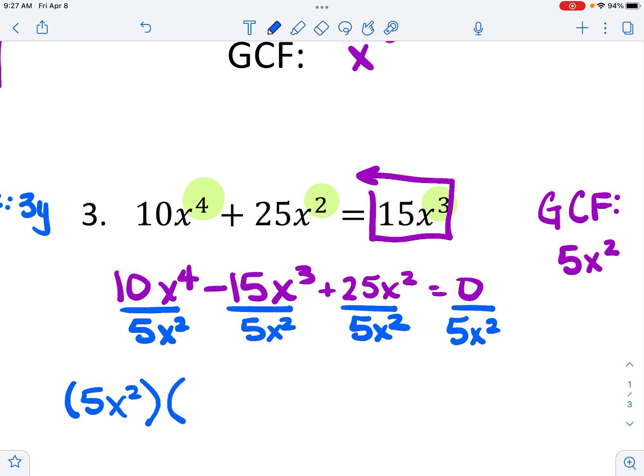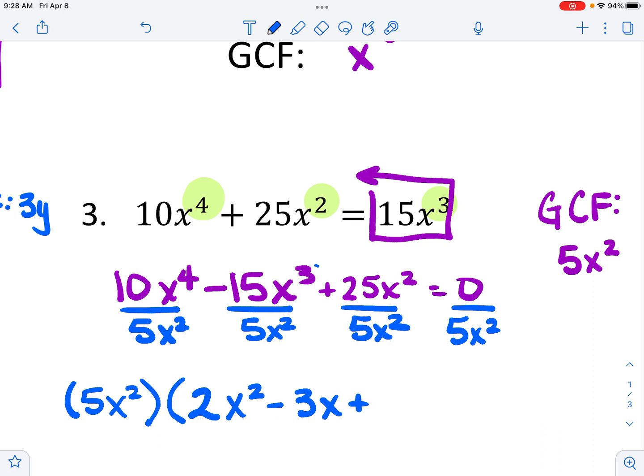And then 5 goes into 10 2 times. Remember, when we're dividing powers, we subtract the exponents. So we have x and 4 minus 2 is 2. We divide, and 3 minus 2 is 1.